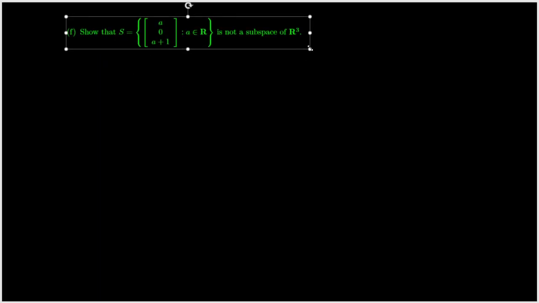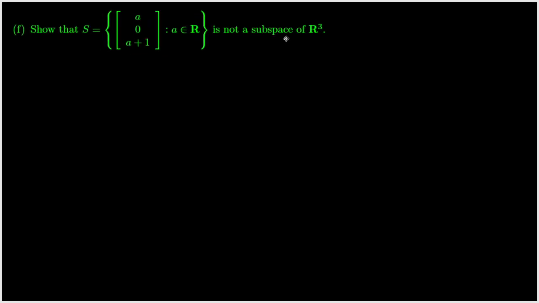Now you look at this S. The subset. Now how can we describe the subset? The first component can be any number. The second component has to be 0. The third component is 1 more than the first component.